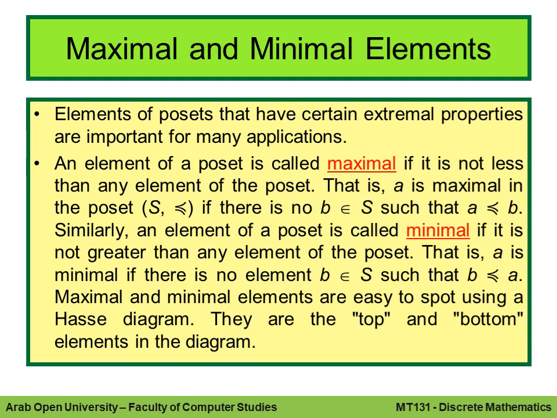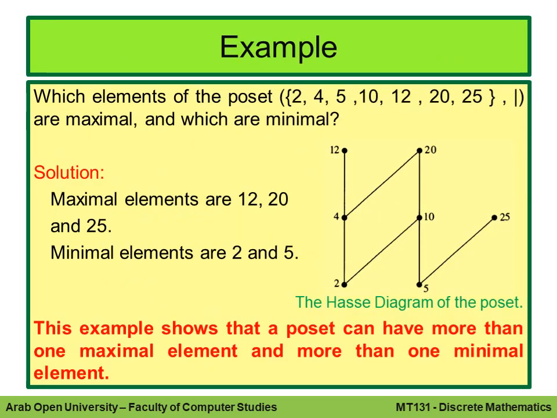The top elements are the maximal elements and the bottom ones are the minimal elements. Here is an example. This is for the set 2, 4, 5, 10, 12, 20, and 25 with the relation divides. The Hasse diagram is to the right.